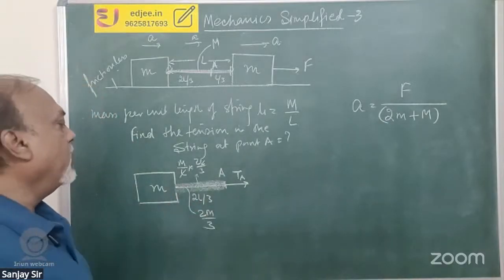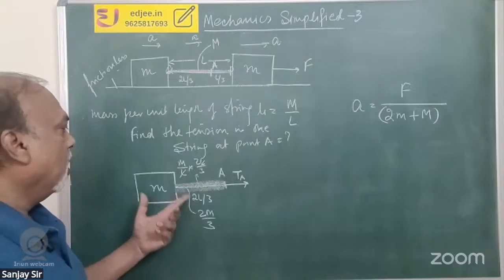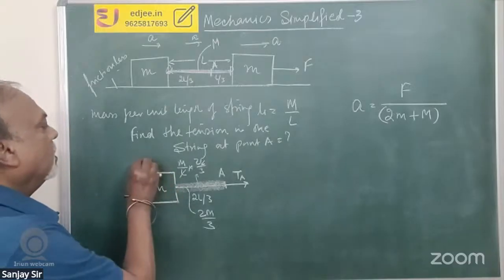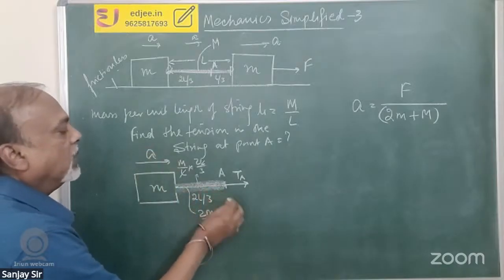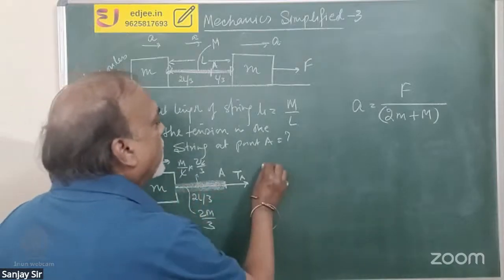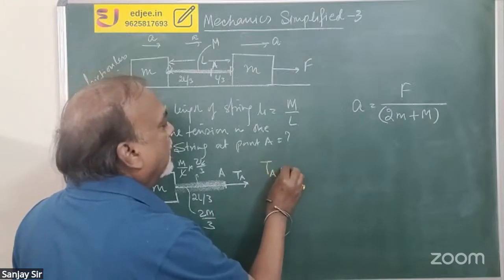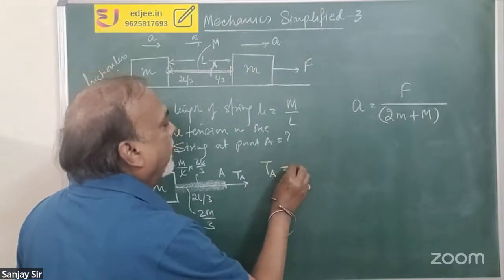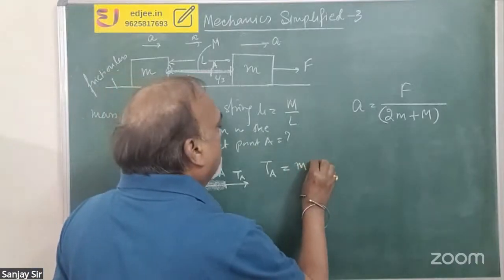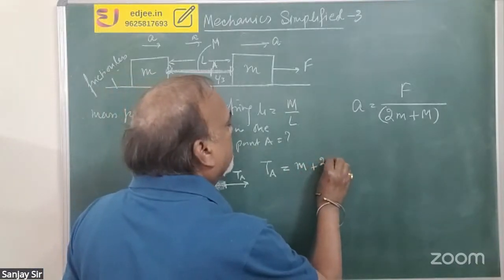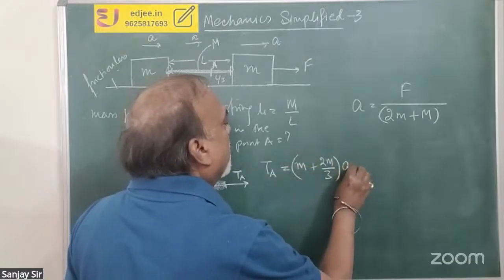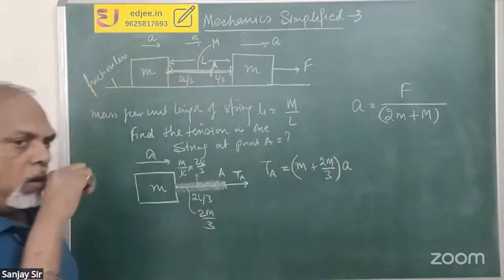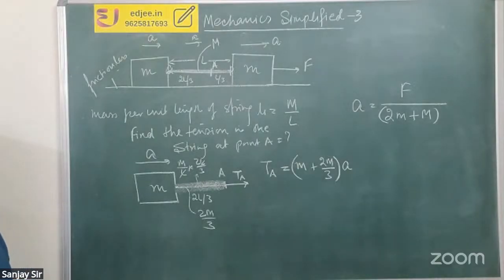Now this is moving with acceleration A. This mass is also moving with acceleration A. So TA, what will be TA? TA will be nothing but m plus 2M by 3 into A, simple.